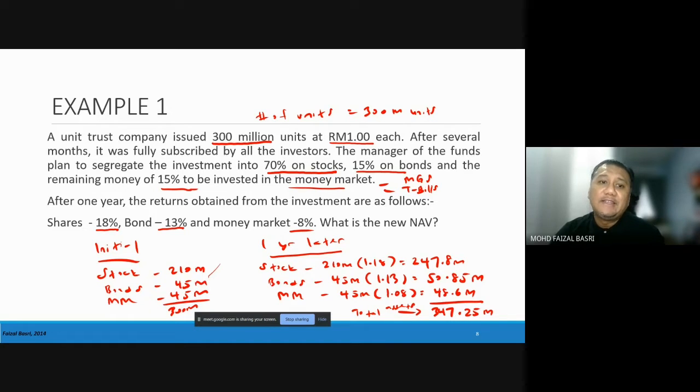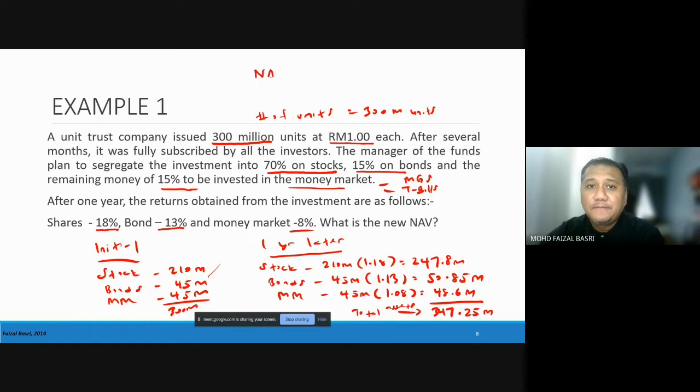Okay, cuma soalan ni tak bagi the liabilities. Sepatutnya akan ada liabilities ataupun ada certain cost lah. Mesti ada cost operasi kan. Cuma soalan ni tak bagi, so kena assume kosong lah. Tapi sepatutnya kita kena tolak the cost of operations, kena tolak liabilities kalau ada. But for this example, kita assume zero.